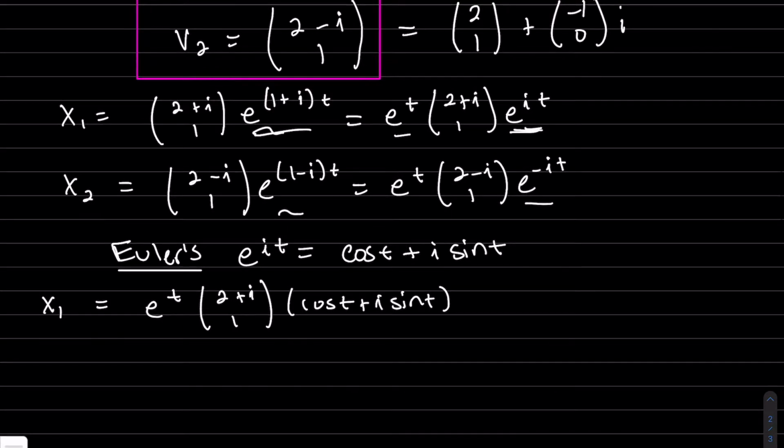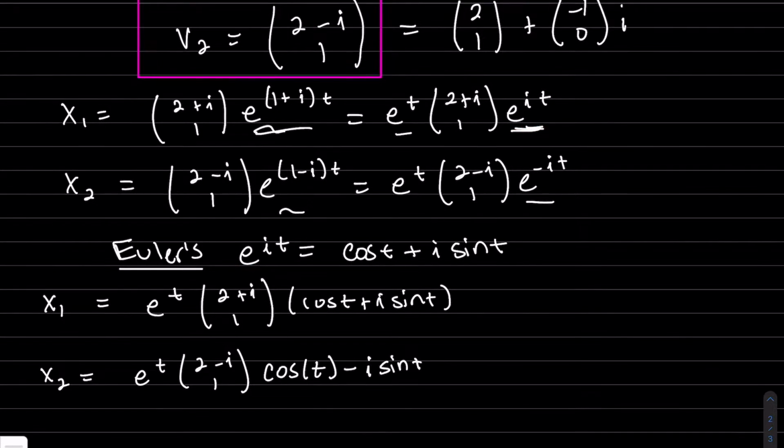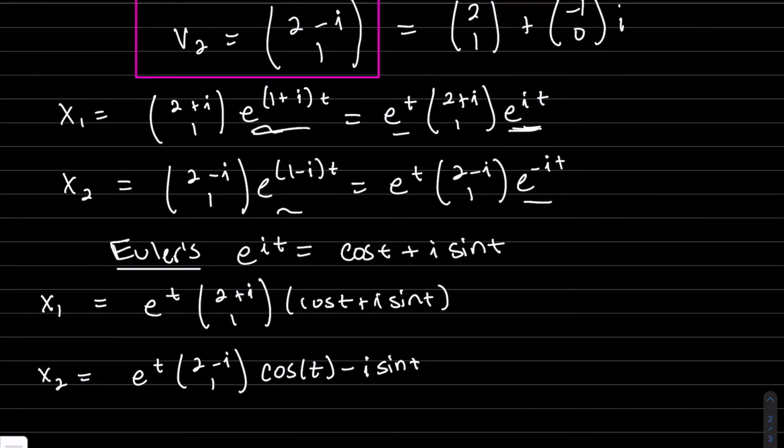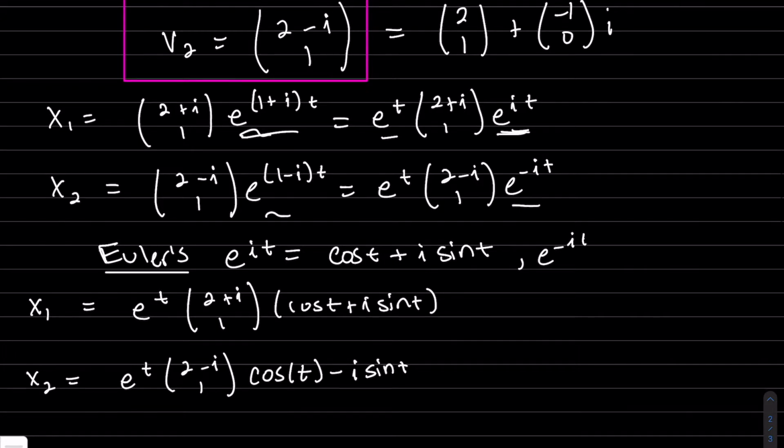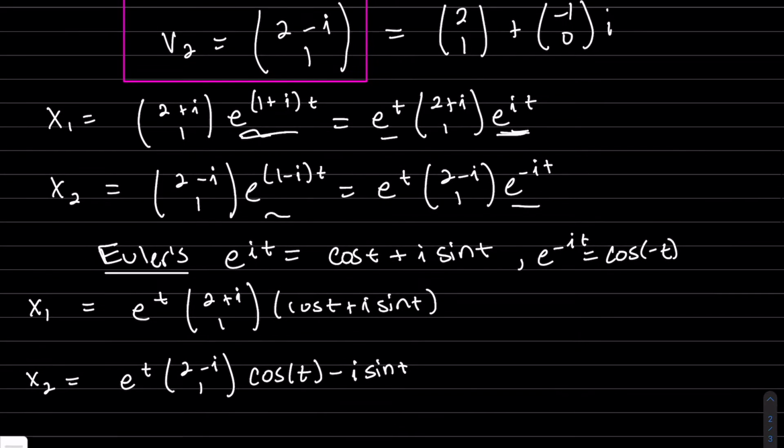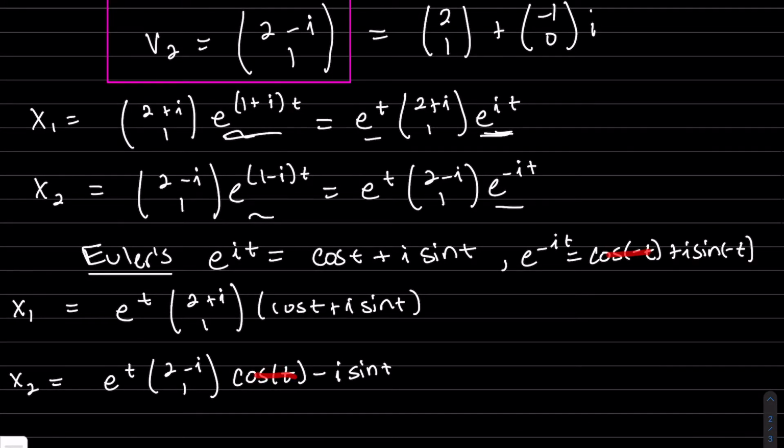So just replacing this with this. So e to the minus it equals, and using odd and even functions, this negative goes away, this negative comes in the front.